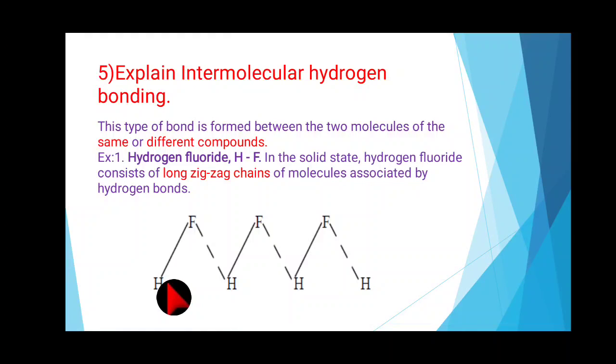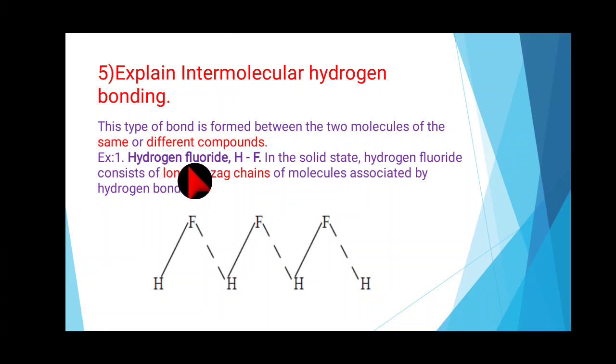Take hydrofluoric acid. The bond here is between hydrogen and fluorine, it's a solid bond, and another bond will form between fluorine and hydrogen of the next compound, hydrofluoric acid, but it's connected with a hydrogen bond because fluorine is more electronegative.